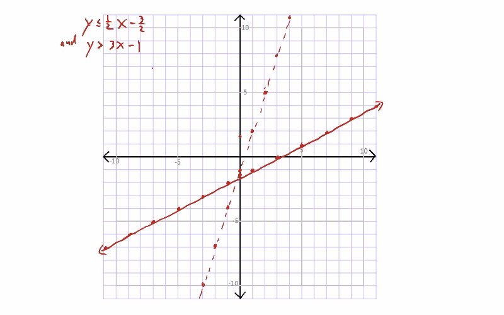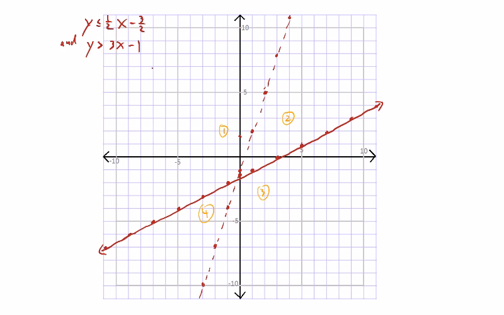Now, once again, we have 4 regions to consider. Region 1 is the region above both lines. Region 2 is below the second line and above the first. Region 3 is below both. And region 4 is below the first and above the second.